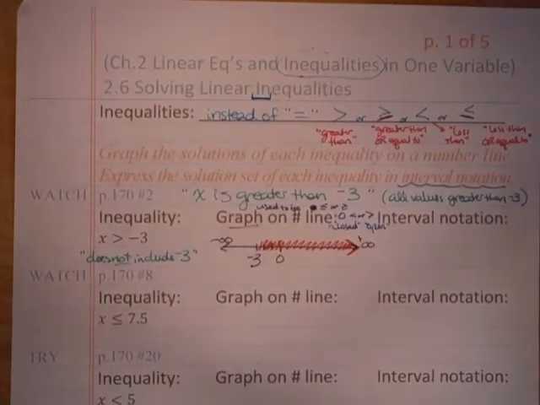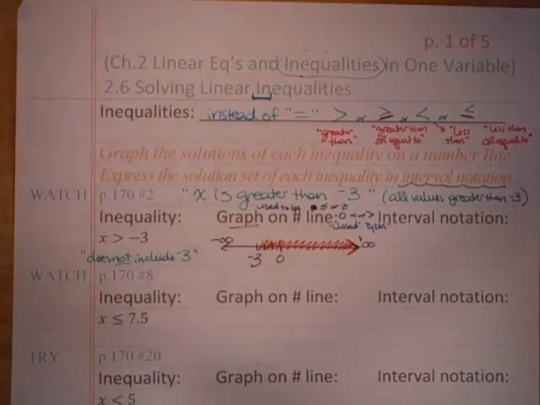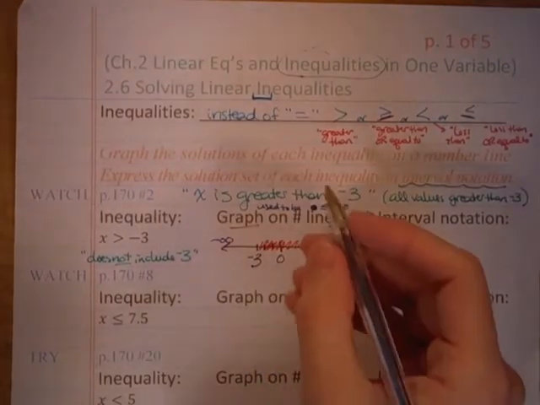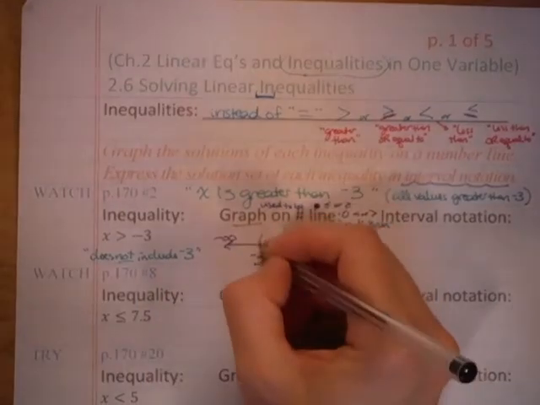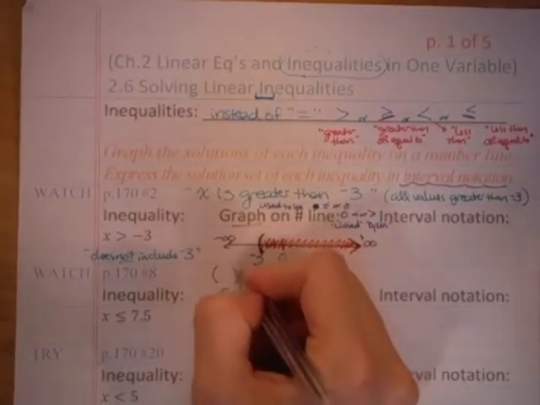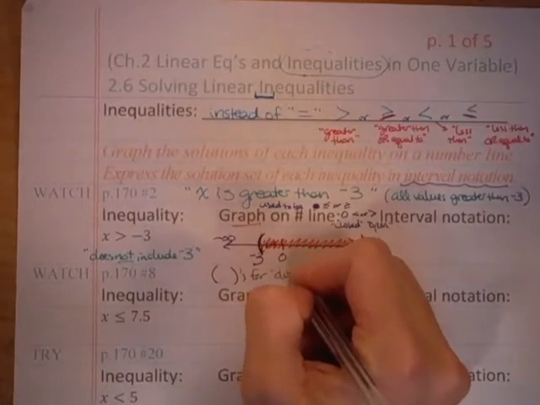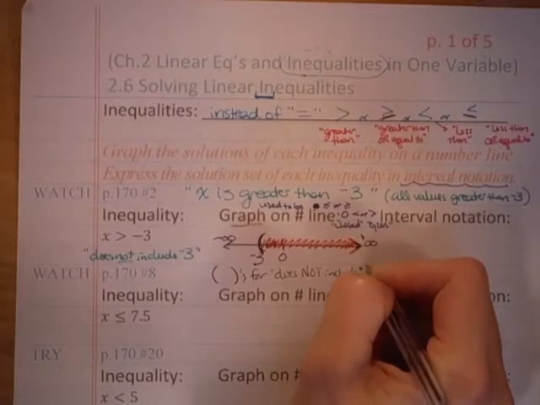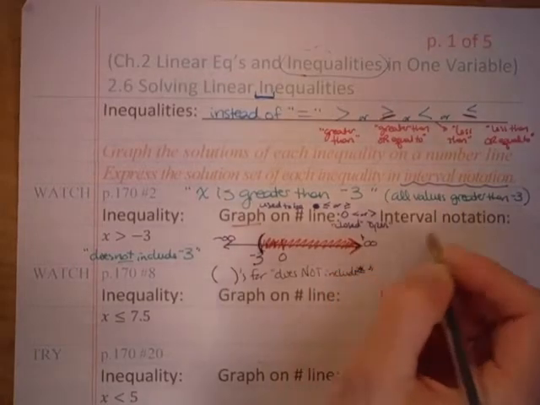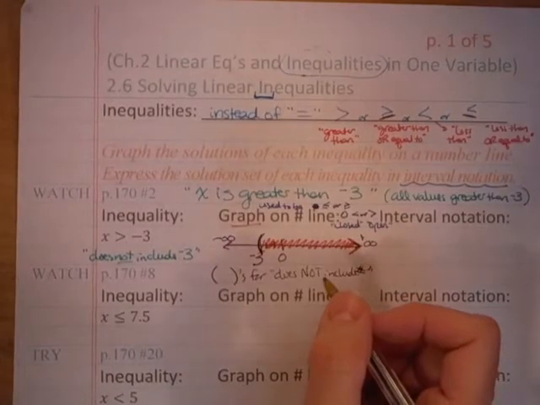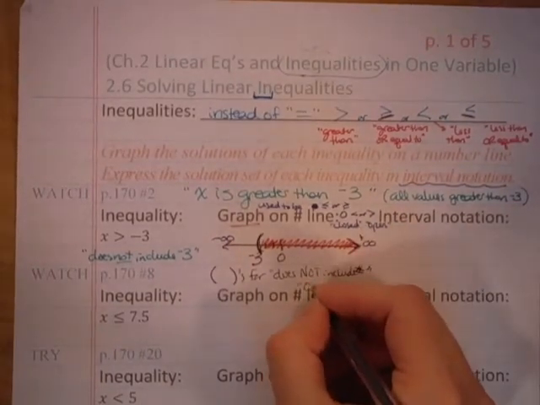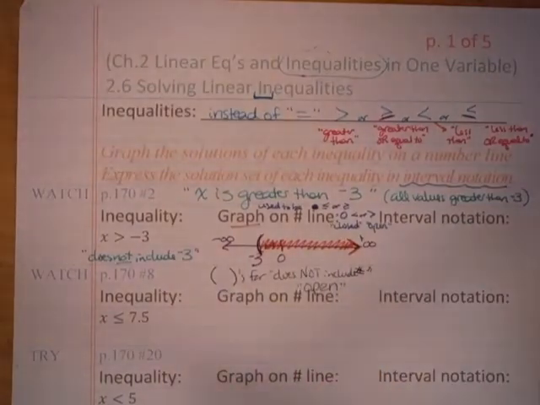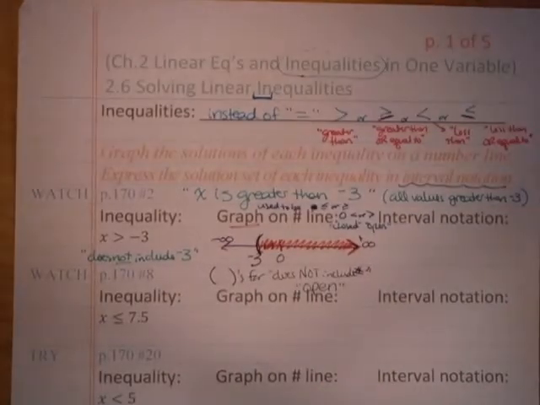And then how you represent not including -3 is going to be using a parenthesis. So when it does not include something, use the parenthesis. Parentheses for does not include the number. And that's what's called an open. We go all the way up to -3, and then we stop. We include everything but -3.